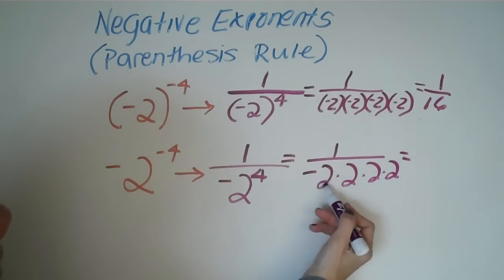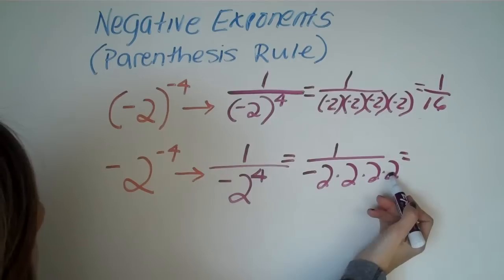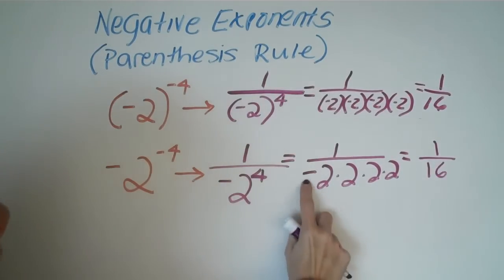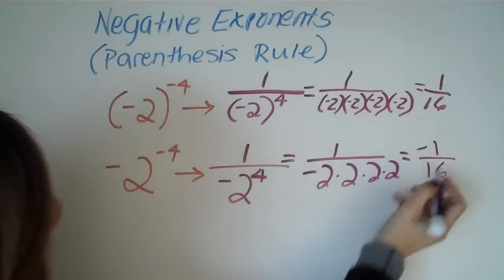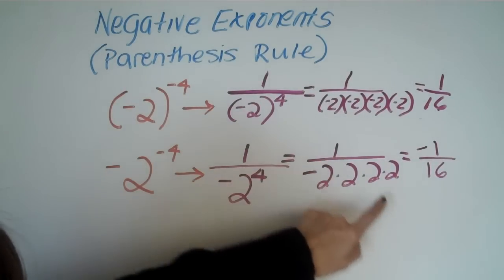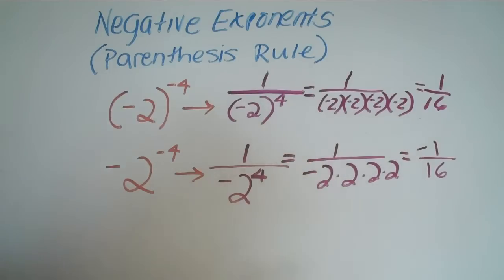And then this becomes 16, and it becomes 1 over 16, and the negative gets added on at the end. Because there is only one negative sign, the entire thing is negative. So it's negative 1 over 16. You can go ahead and rewrite that on the top of the fraction next to the numerator. So there you go.